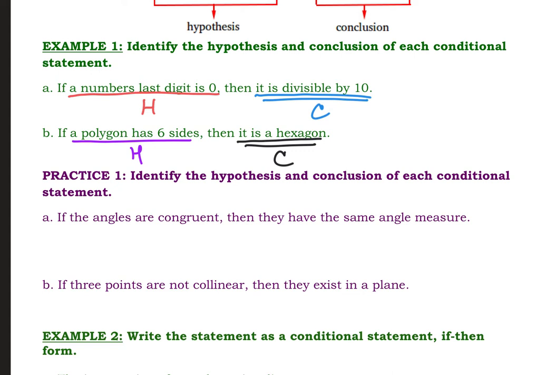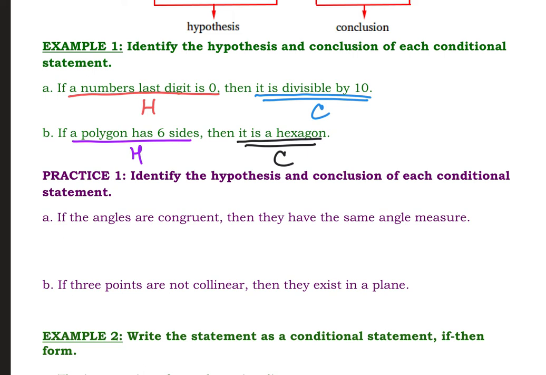All right, what was our hypothesis for letter A? What'd you get, Evan? What's our hypothesis for the first part? On the practice where it reads, if the angles are congruent, then they have the same angle measure, what part would represent the hypothesis in the statement?